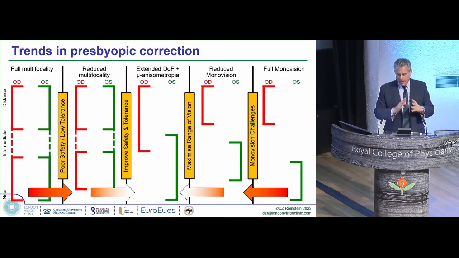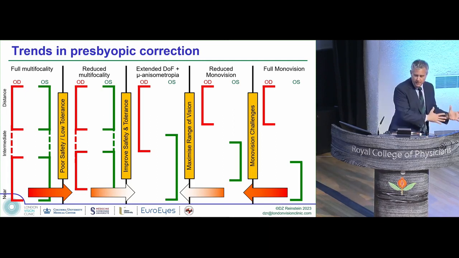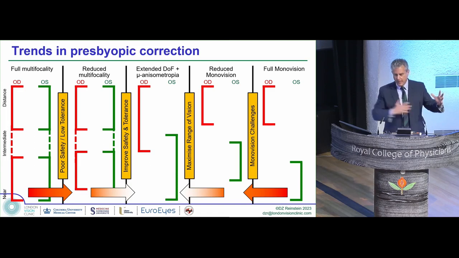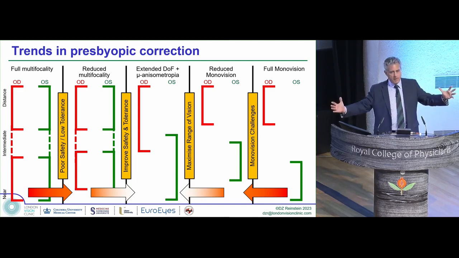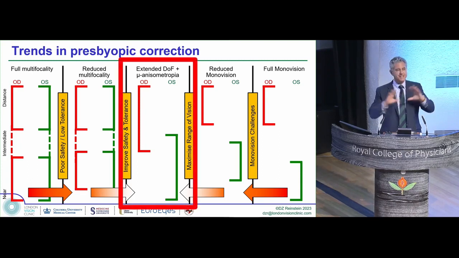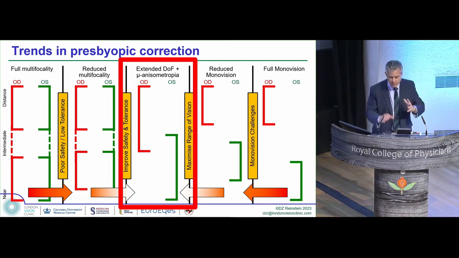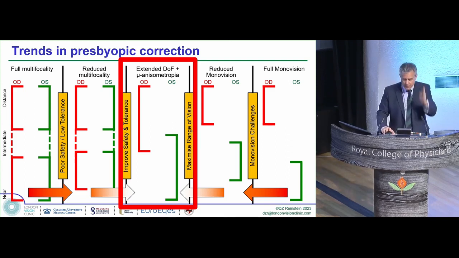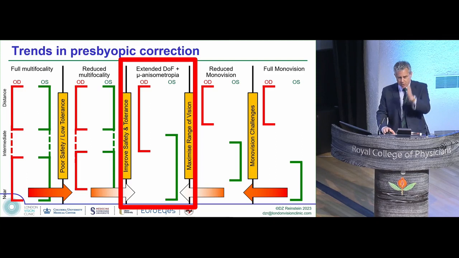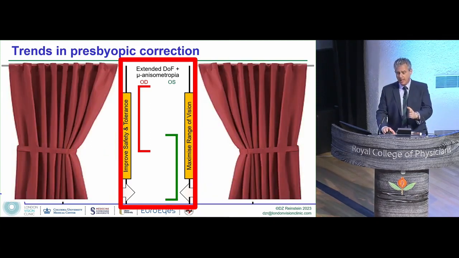So I've demonstrated to you from the beginning, this is the first slide, that multifocality and monovision have both converged in their entirety, not just in the corneal refractive arena, but in the lens arena, towards extended depth of field with a microanisotropia using spherical aberration for the extended depth of field.